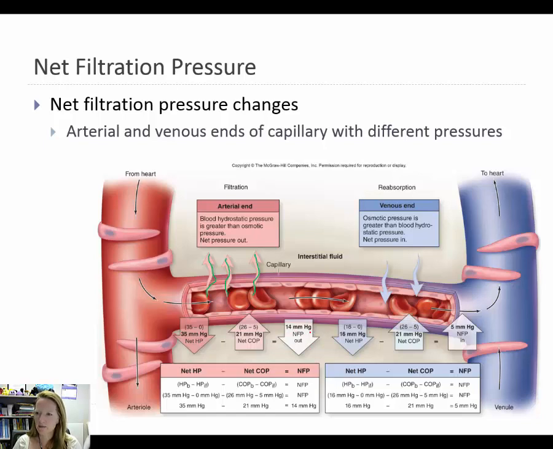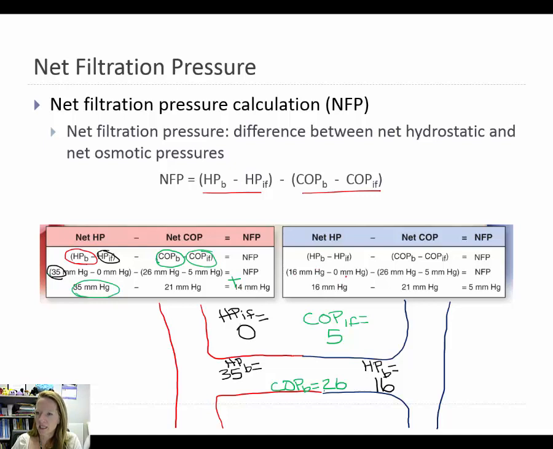So let's take a look at the venous end and how it's going to be a little bit different, right? So again, what they did is they plugged in the same numbers. These all stay the same. The only thing that changed was the capillary hydrostatic pressure, or the HPB, the blood hydrostatic pressure, or whichever one. Again, the books will use different nomenclatures for these.